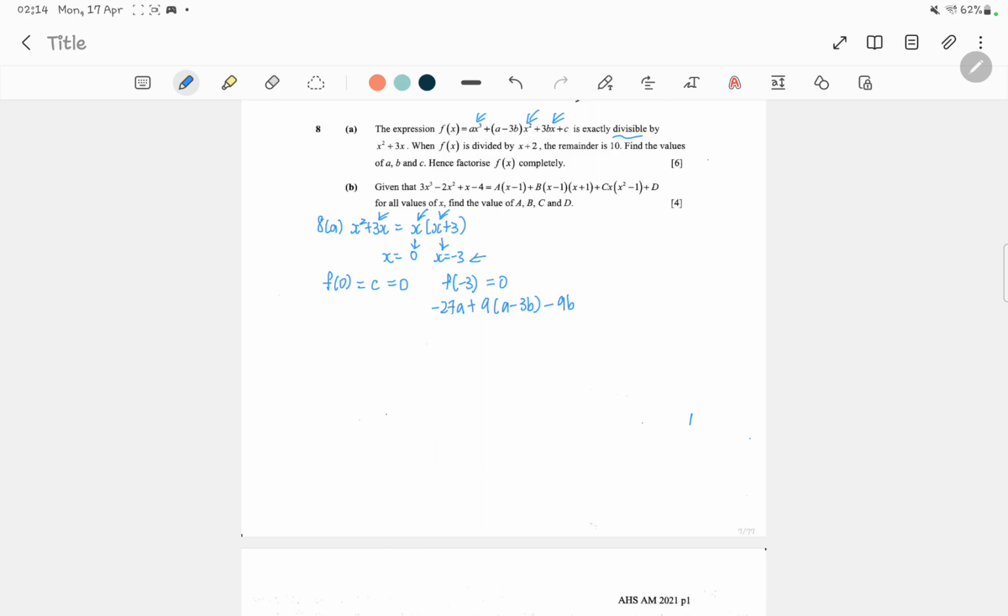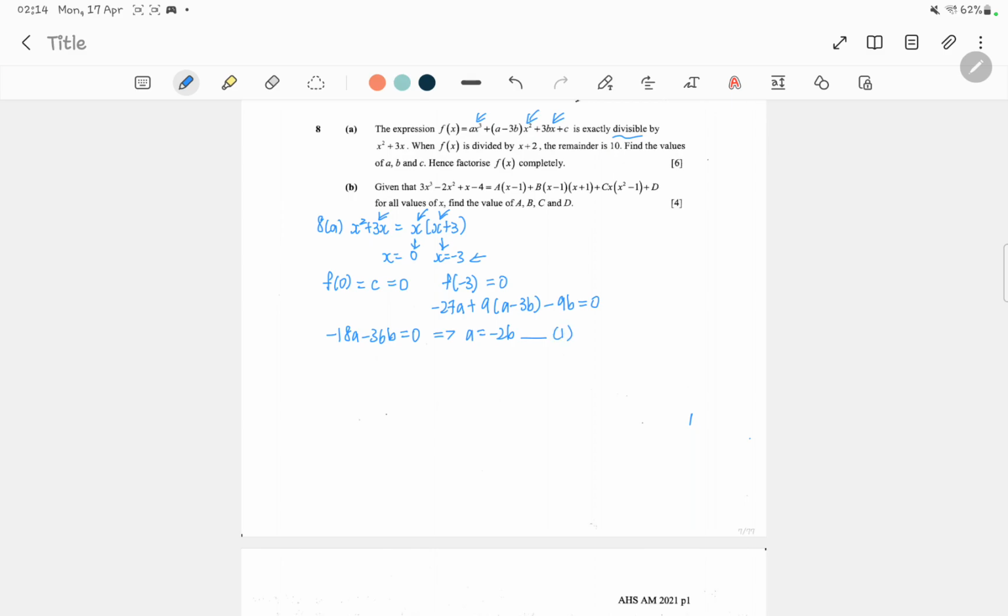We don't need to write the c anymore because earlier we found that c equals 0. So this equals 0, so minus 18a minus 36b equals 0. Simplifying, we see that a equals minus 2b. Let's call this equation 1.